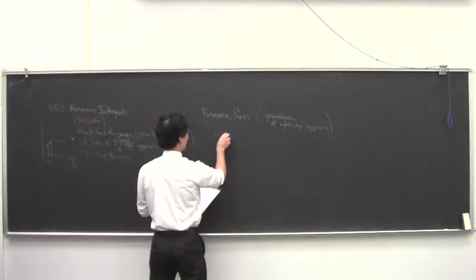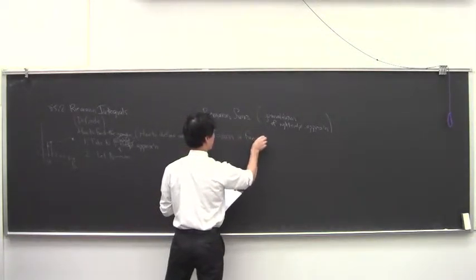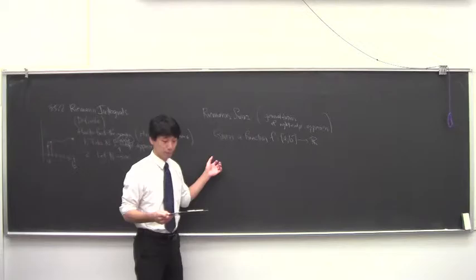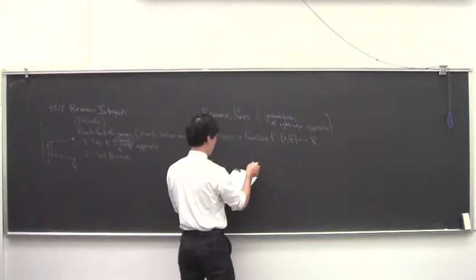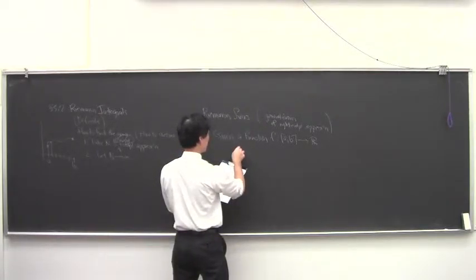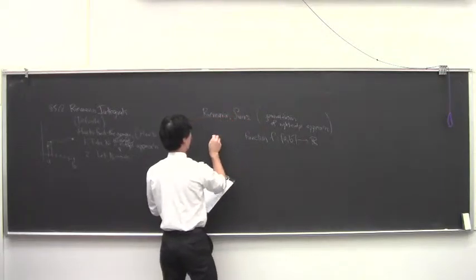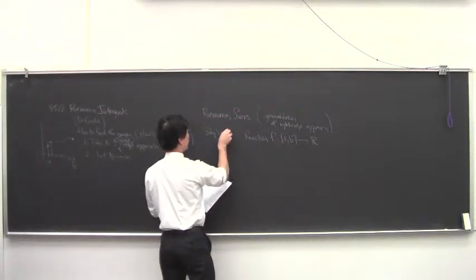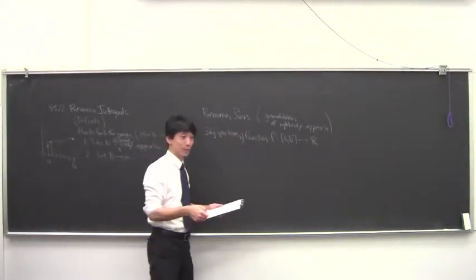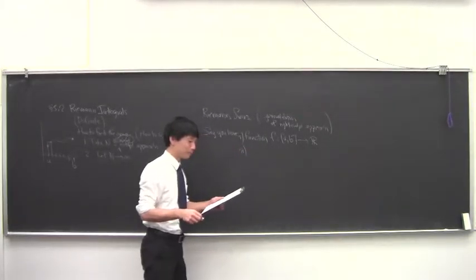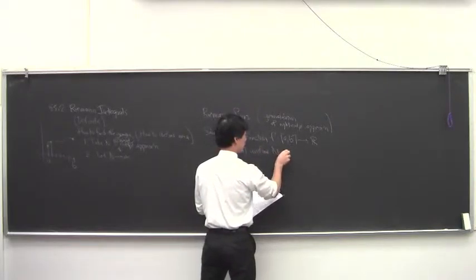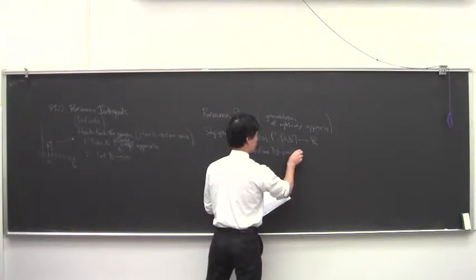So given a function f, you have some function on an interval. Say you have a function on an interval. Two, you have a uniform n partition of AB.